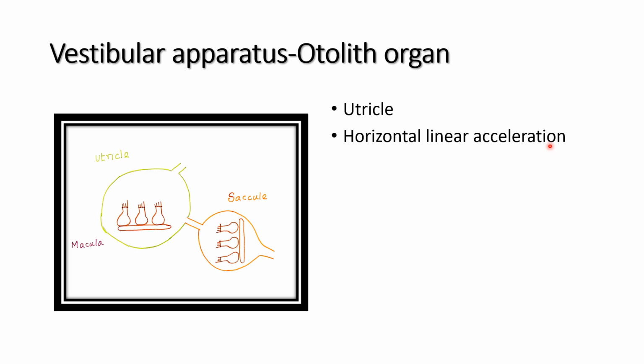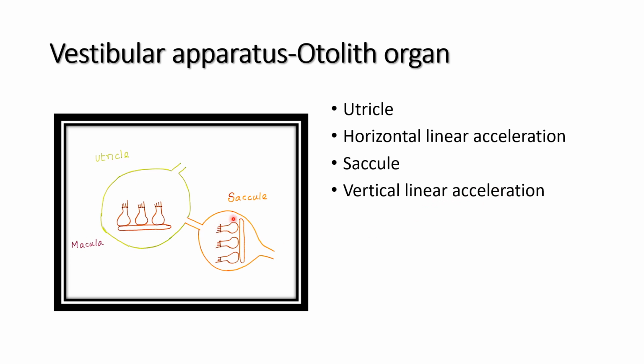When the person is moving in the horizontal direction, for example traveling in a bus or train, it helps to sense the balance and position of the body. In the saccule, the hair cells are arranged in the vertical position, for vertical linear acceleration.